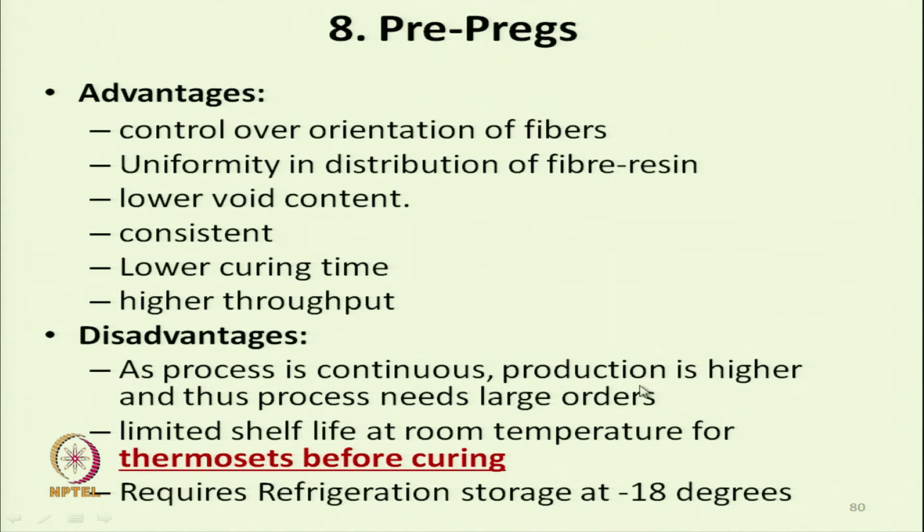So, we have to use this prepreg before it solidifies, and otherwise we can keep it under refrigerated condition where temperature is around minus 80 degree Celsius. So, that adds to the cost. If we keep it at room temperature, this prepreg will get solidified and that will not be useful.